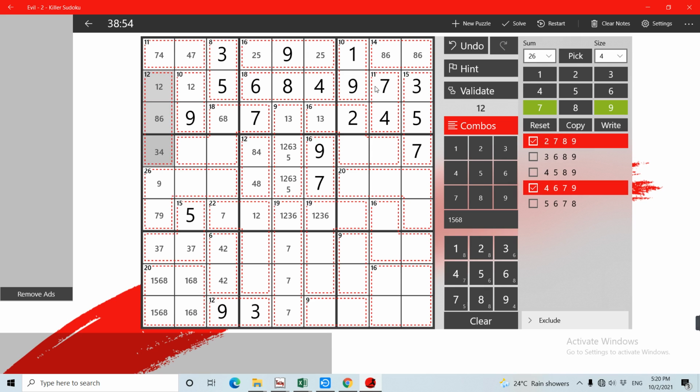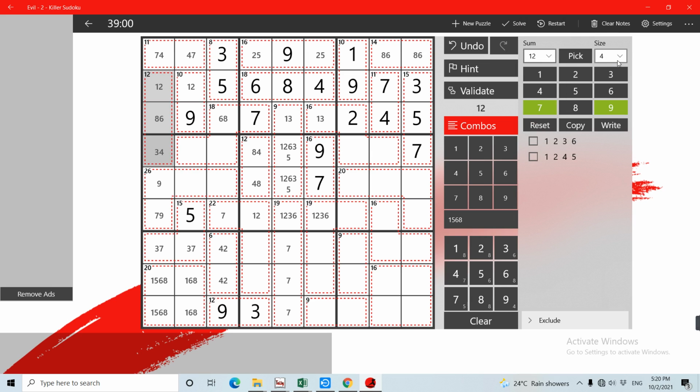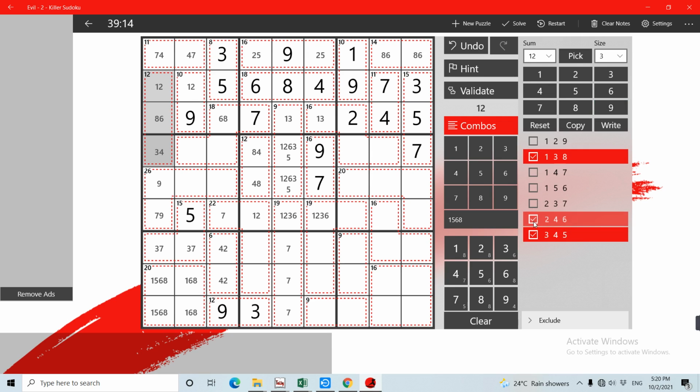Now let's take a look at this 12. 12, the size of 3. So first one was 138, 138, and 264.